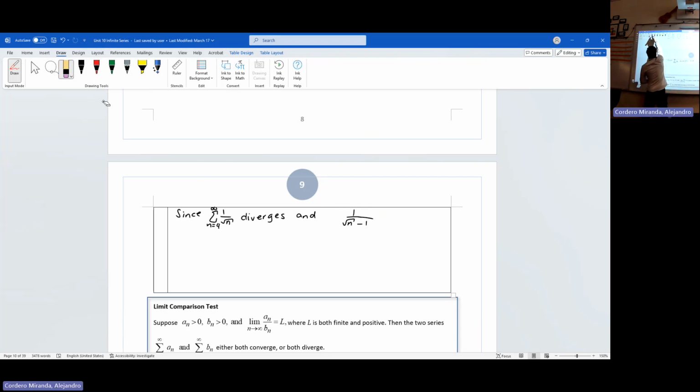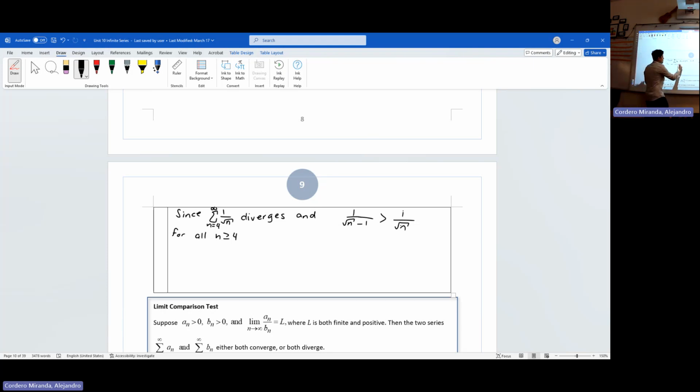And since all these terms are bigger than all the terms from the series I'm comparing it to, so all n bigger than 4. I'll talk about that if you don't see where I got the 4 in a second.